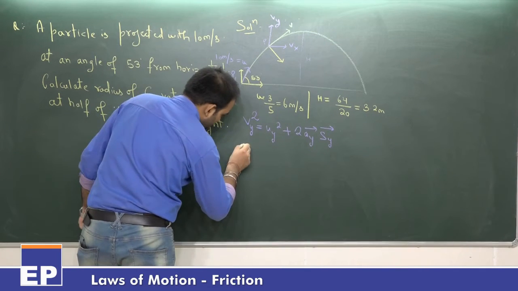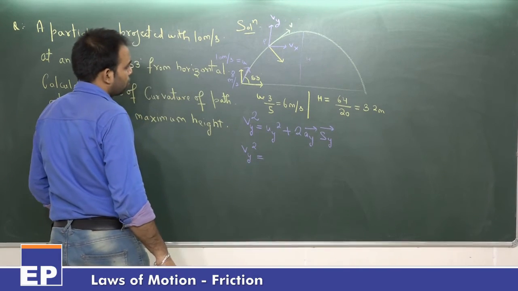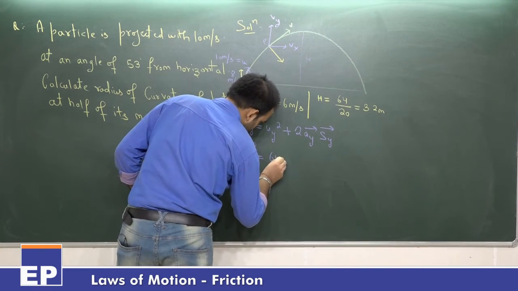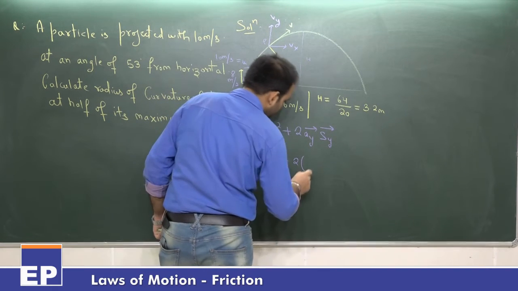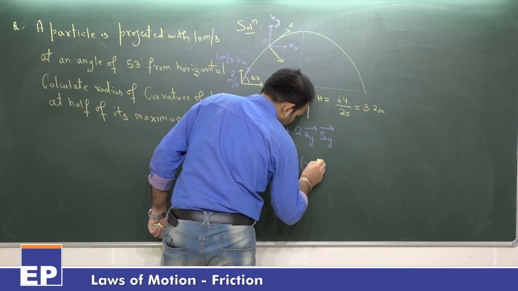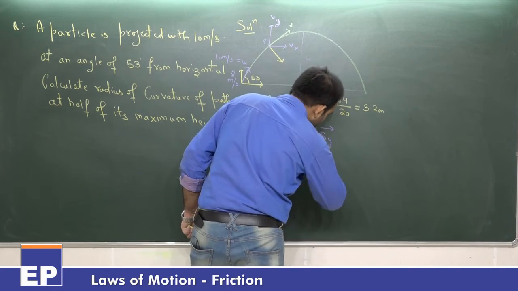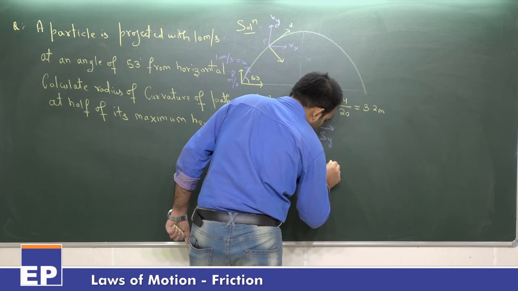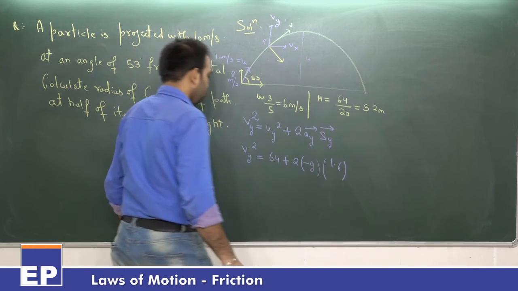What is Vy square? It is Uy square. Uy square is 8 square, 64, plus 2 Ay. Ay is minus g into Sy. Sy is how much? H by 2, which is 1.6.